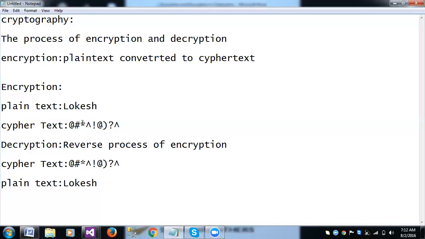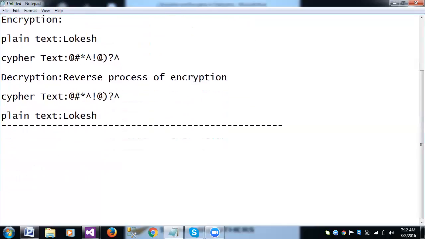Because these characters cannot be identified by anyone until they know what type of algorithm was used and what type of secret key was mentioned, and only then can they decrypt the text and see it. Depending on the input, it is going to give back the output.